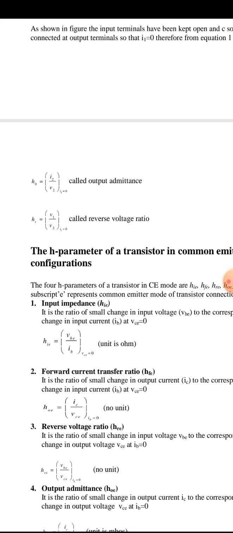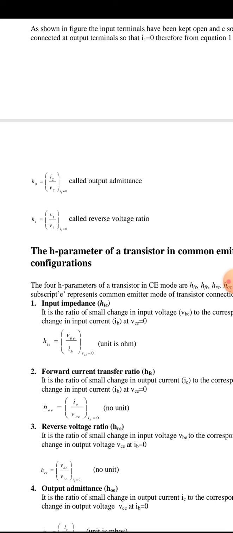So the input voltage is VBE, and the input current in common emitter configuration is IB. Input impedance is VBE, the voltage between the base and emitter, to the input current, which is the base current.